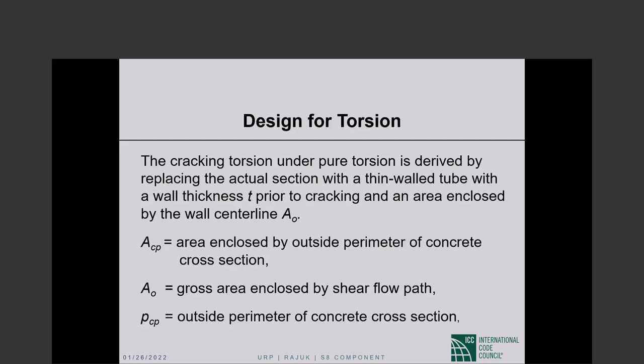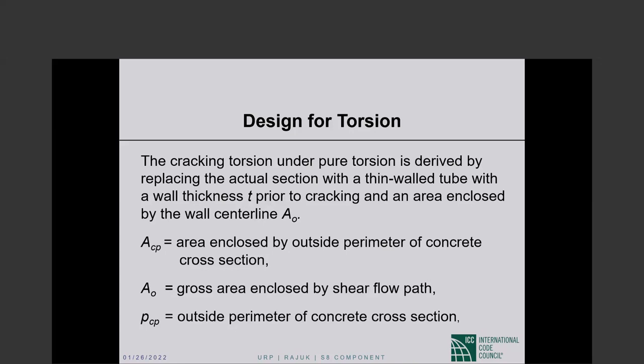Okay. Some important notation: A sub cp, area enclosed by outside perimeter of concrete cross-section. This is pretty strange language. It is not cross-sectional area, but area enclosed by outside perimeter of concrete cross-section. The idea is if it is a hollow section, we will count the area of the hole.